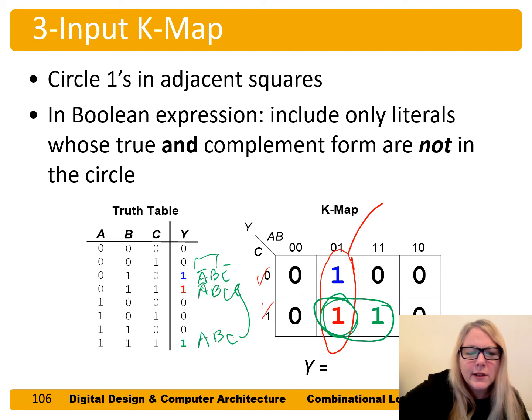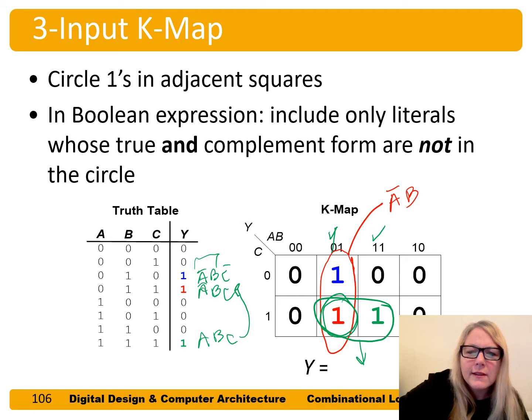And so we look at this circle up here, the red circle, and both forms of c are included, so we're not going to include c in our implicant, our product term, but only the false form of a is included, so we have a bar, and the true form of b, a bar b. And the green circle, well, both forms of a are included in that circle, the true and complement form.